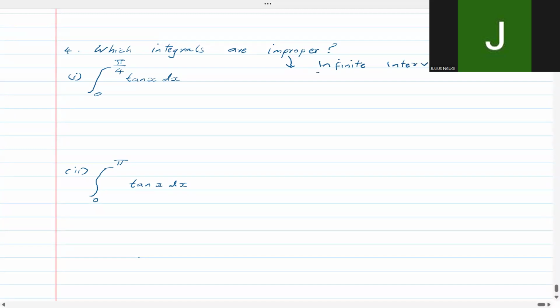The one with a onwards to infinity, maybe the one with minus infinity all the way up to b. A and b are dummy variables, or maybe from minus infinity to infinity. That's the first case. Second case is that you can have some infinite discontinuities inside the interval, called the infinite discontinuities.